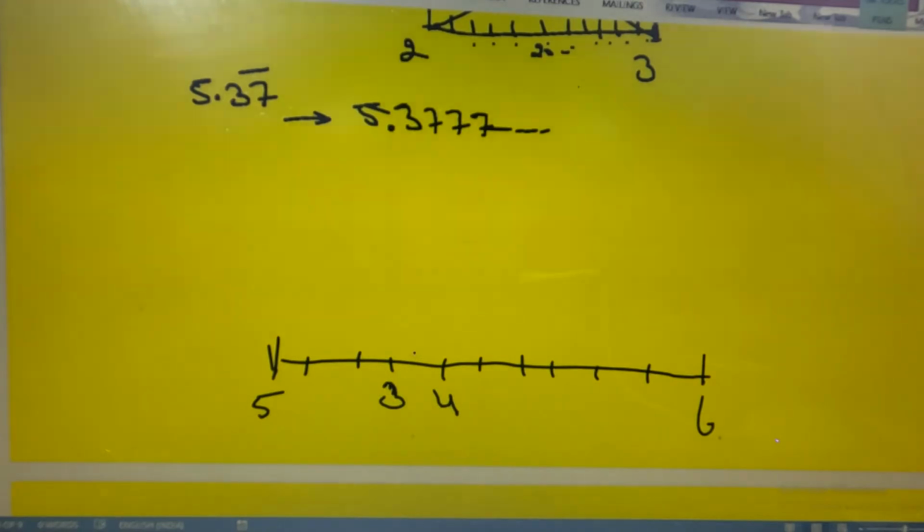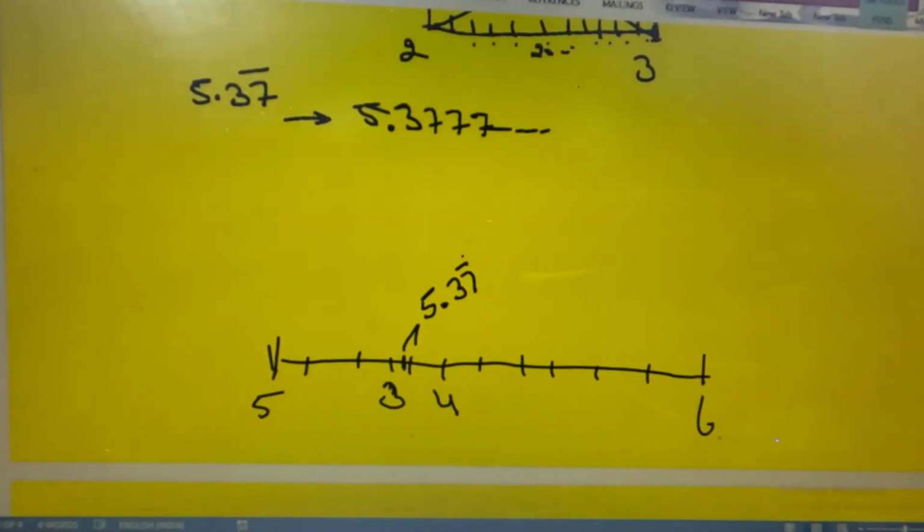So we can consider that 5.37 bar lies between 5.3 and 5.4 only. First we see 5.37 bar is located between 5 and 6, and in the next step we locate it between 5.3 and 5.4. In between is the value of 5.37 bar.